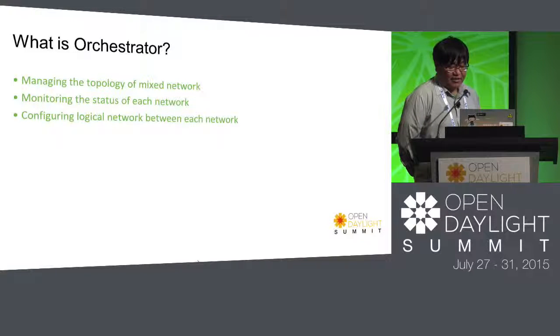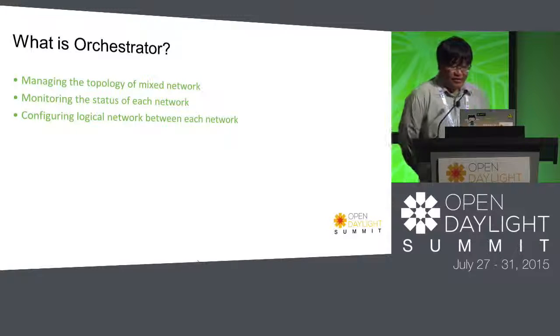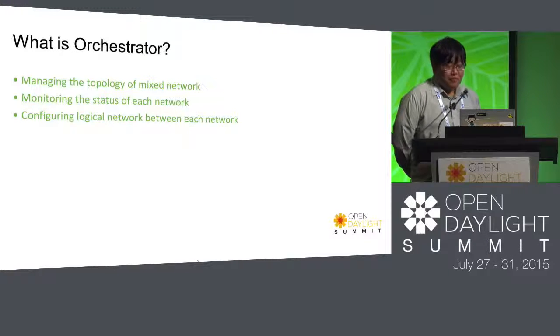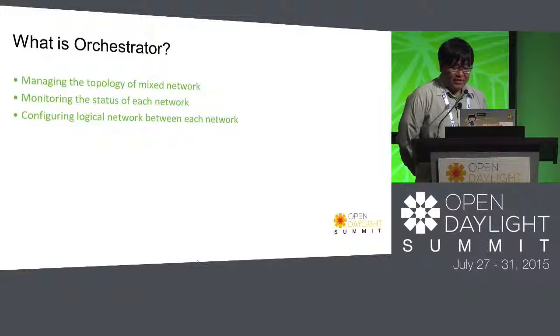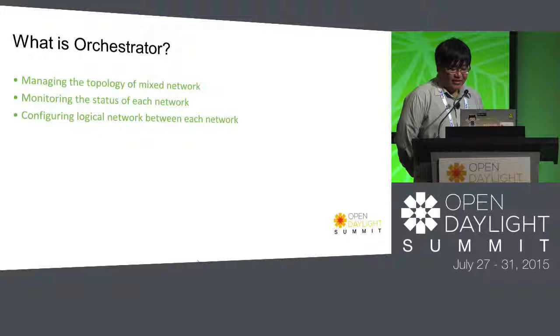This Orchestrator has the following features. Managing the topology of mixed networks. For example, it can manage the topology in an OpenFlow and L2 switches mixed environment. Second one is monitoring the status of each network.